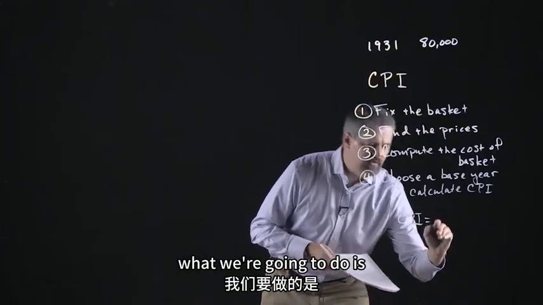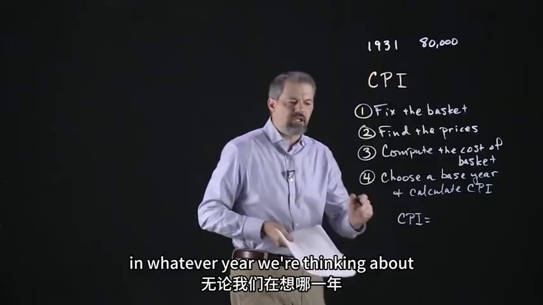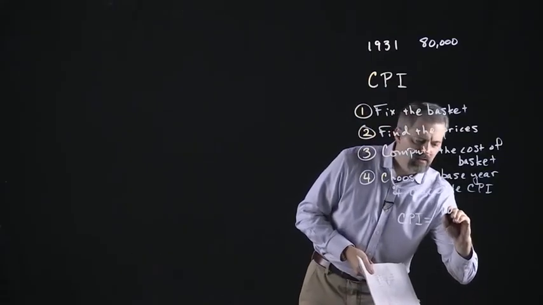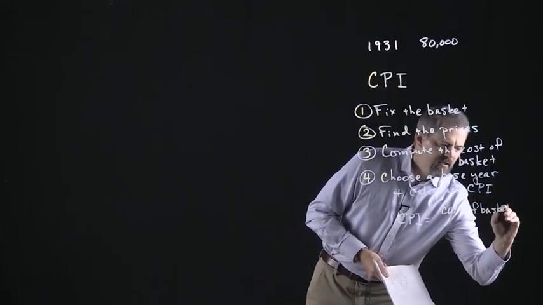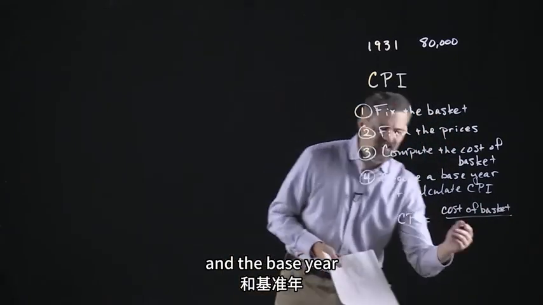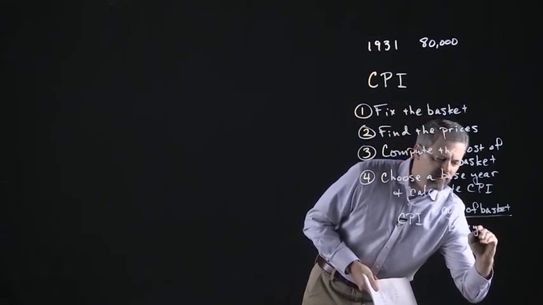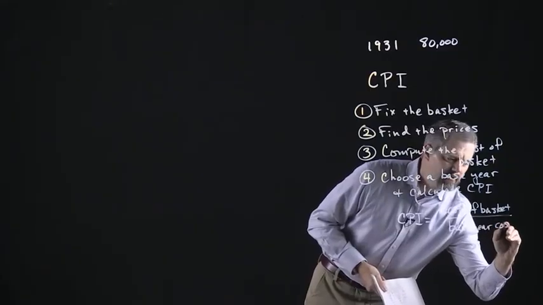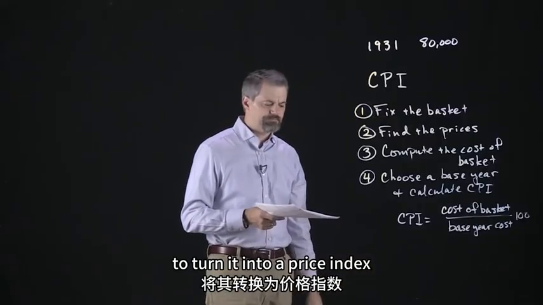What we're going to do is take the cost of the basket in whatever year we're thinking about, and then we're going to divide by the cost of the basket in the base year. I'm just going to write here the base year cost. And then we're going to multiply by 100 to turn it into a price index.